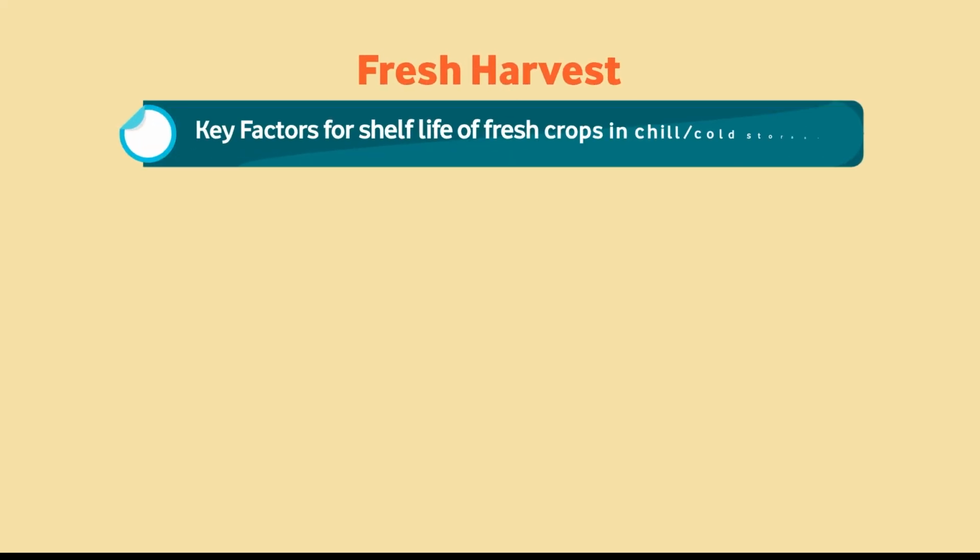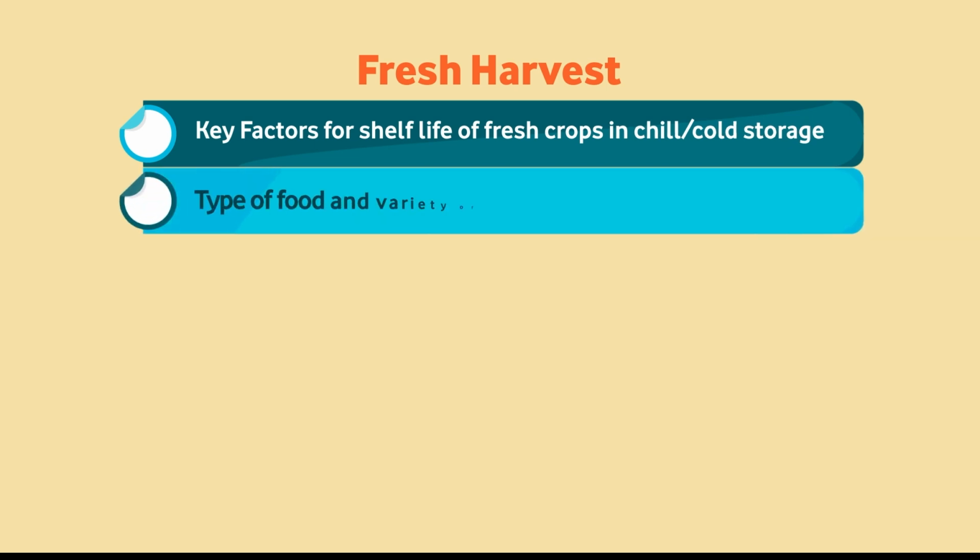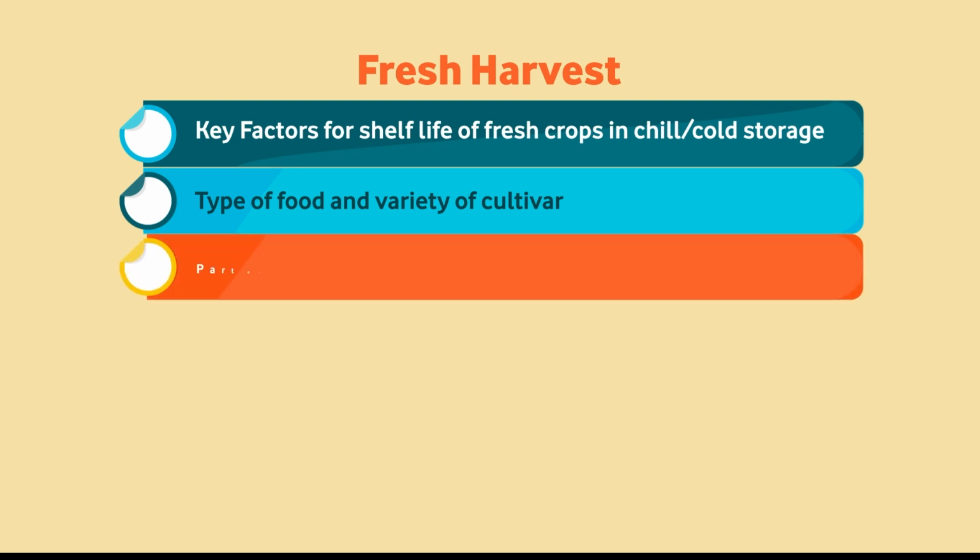Key factors for shelf life of fresh crops in chilling storage: the type of food, the variety or cultivar, and which part of the crop we are selecting, sometimes a leaf, root, or a fruit, which could be an actual biological fruit. So their chilling requirements would be different.